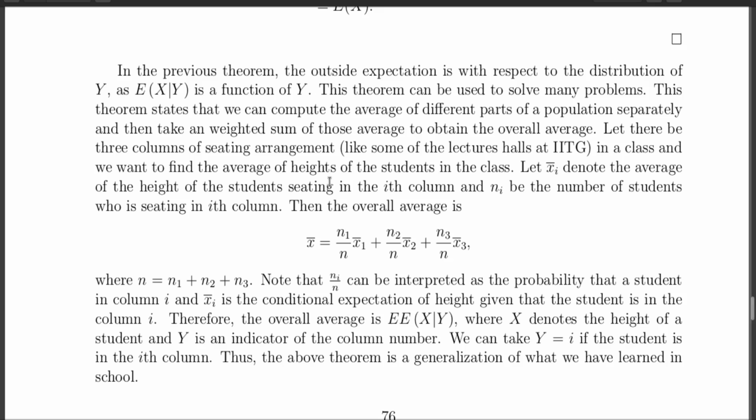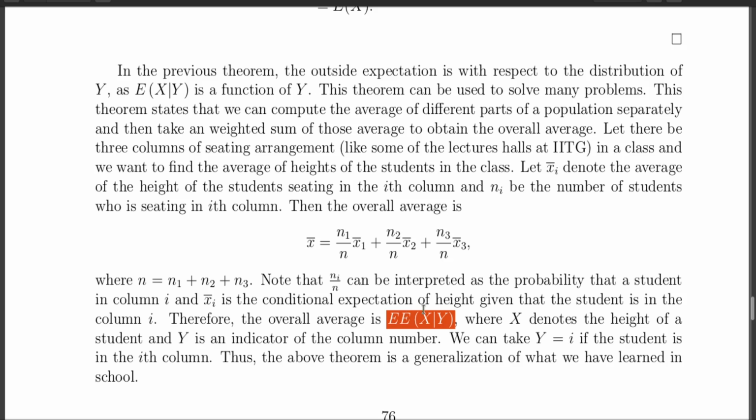So what we did at the school level, and what we are now doing by writing it this way, is a generalization of it, in the sense that in this case I have only a finite division of the population, column 1, column 2, column 3, but when I write it in the expectation form, I may have an infinite division of the population.